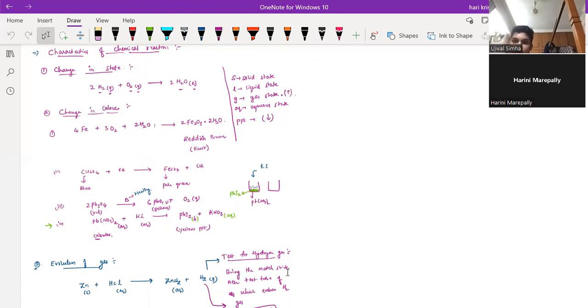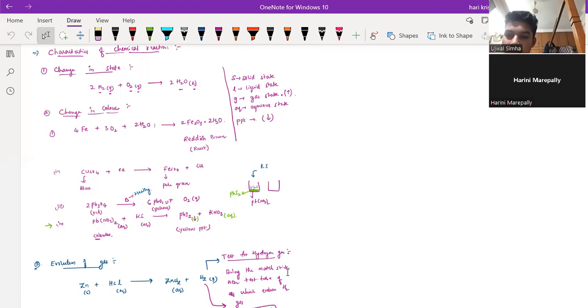I'll tell you one example. A black color compound, or you can say a metal oxide which is black in color, upon heating will produce what products?